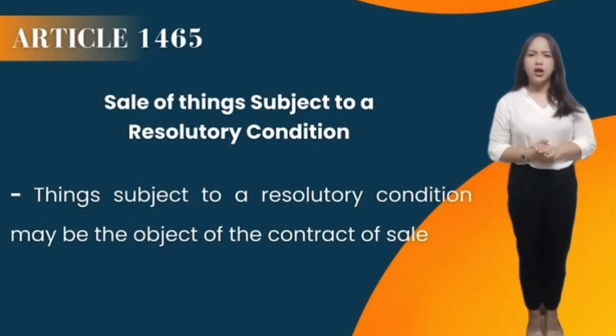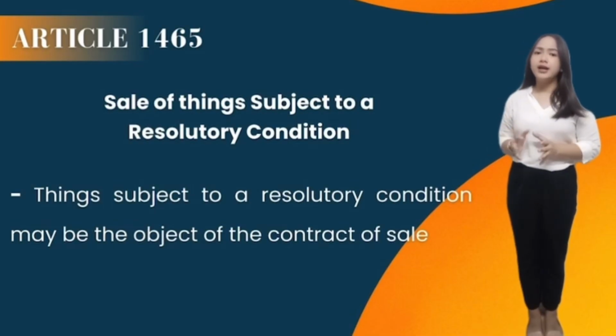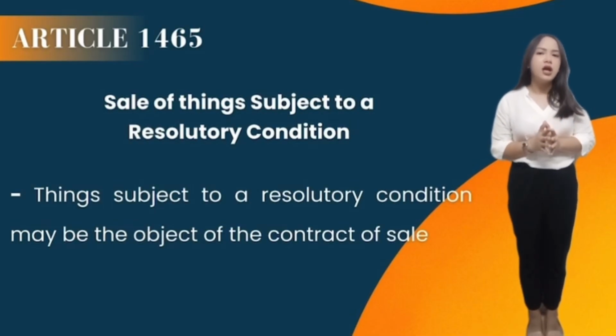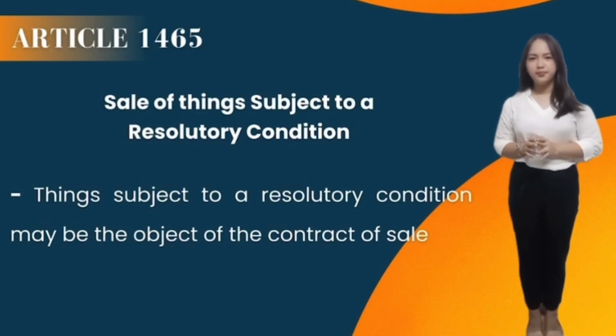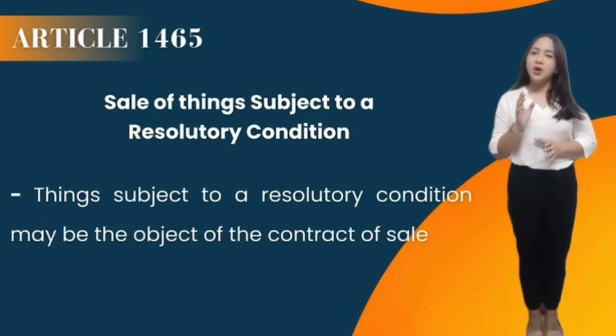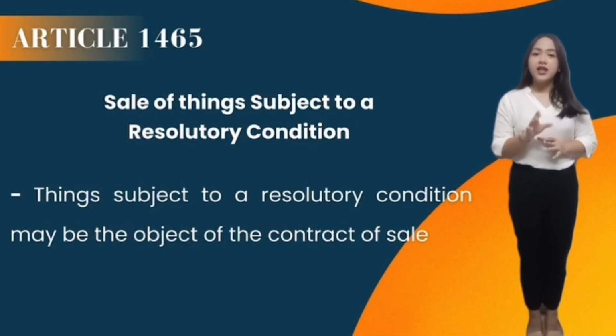Let's take an example. Dumbledore selling Hogwarts School to Harry Potter with the condition that Dumbledore can buy it back or repurchase it in 10 years is subject to a resolutory condition. Harry becomes the owner, but this ownership is conditional on Dumbledore not repurchasing it within those 10 years.